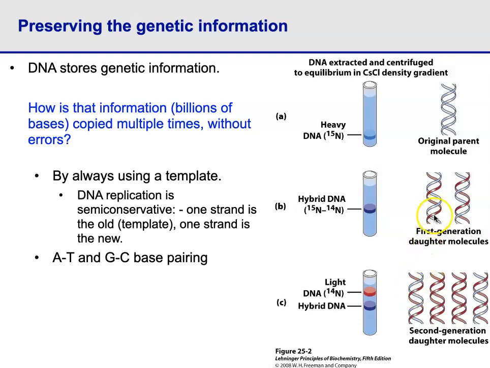But the light nitrogen strand, which was generated in this case, serving as a template, will pair with another light nitrogen strand, giving rise to this other band of DNA on the cesium chloride gel.